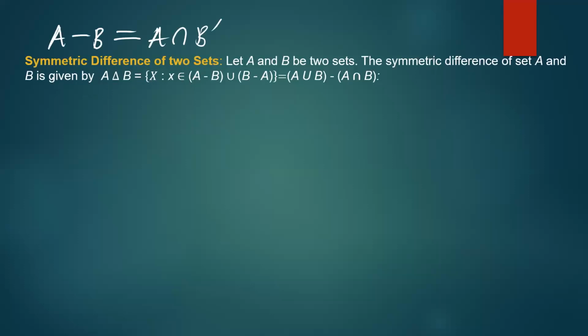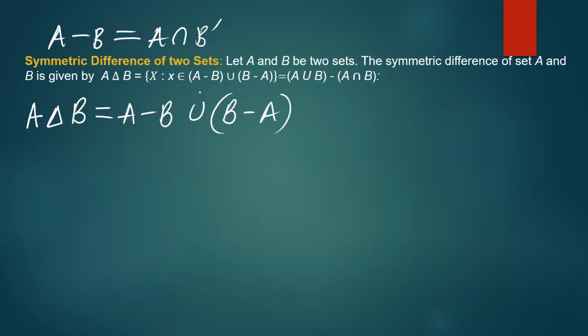The symmetric difference of two sets is denoted by a triangle. A triangle B is equal to (A minus B) union (B minus A), with everything in brackets.